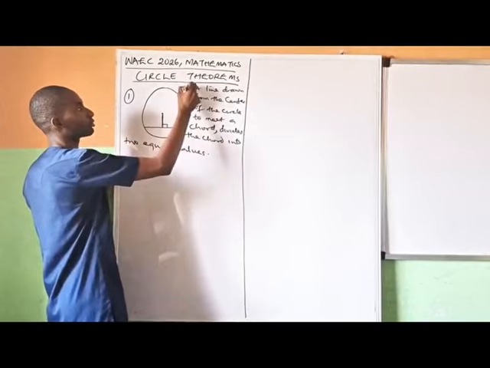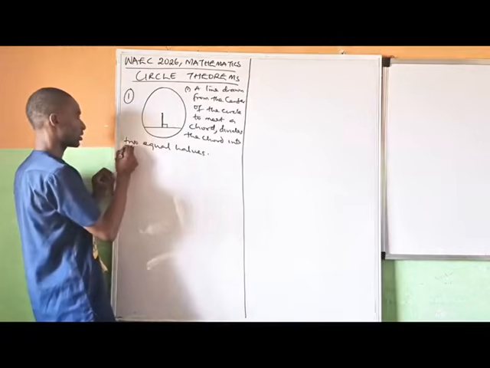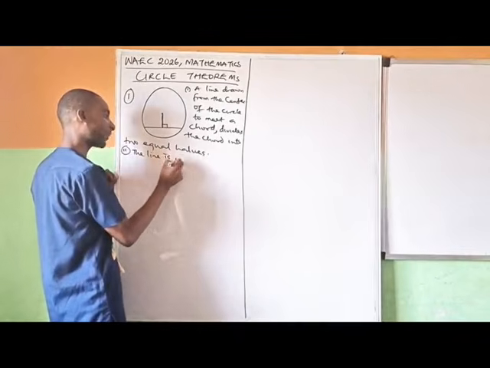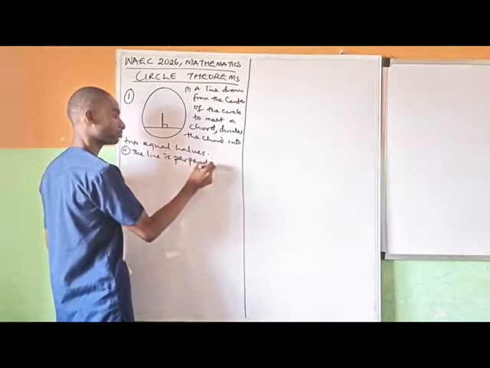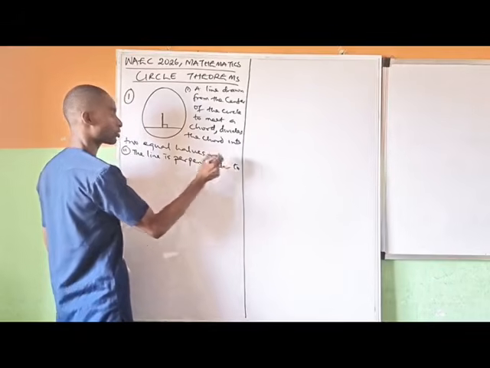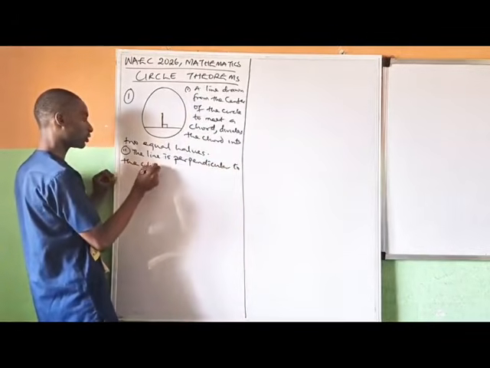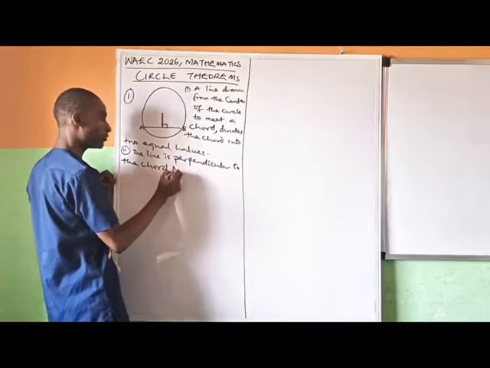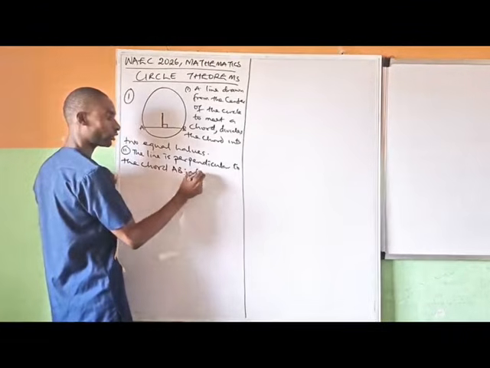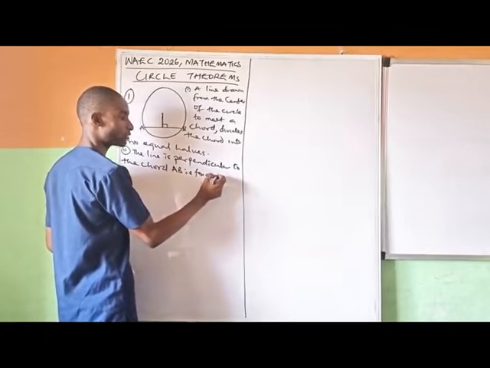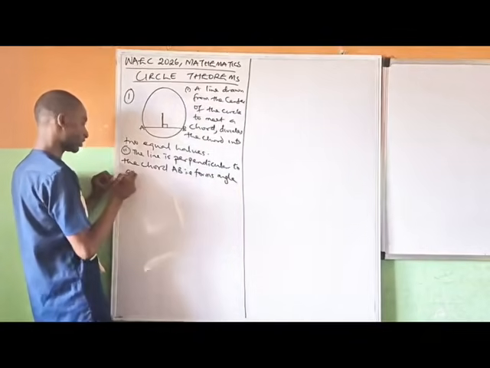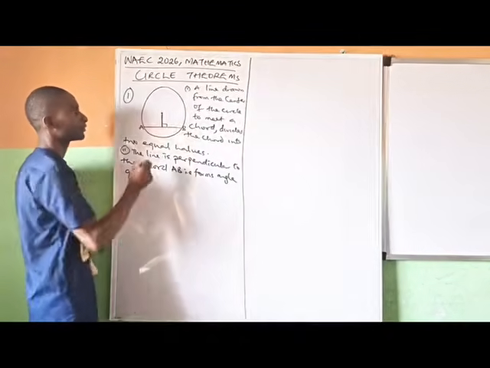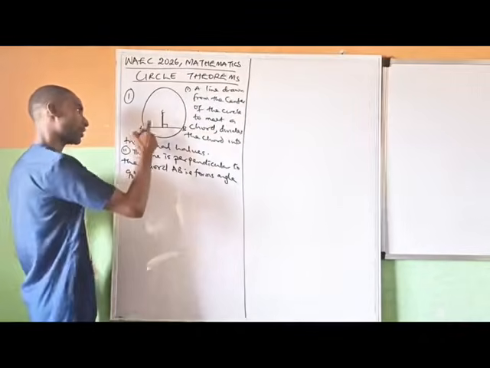Number two, the line is perpendicular to the chord. Let's label the chord AB, to the chord AB, that is, it forms angle 90 degrees. So the angle here is 90 degrees, right? From this center C, that's angle 90 degrees.